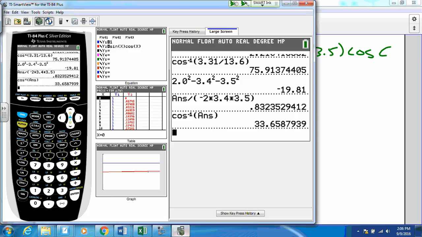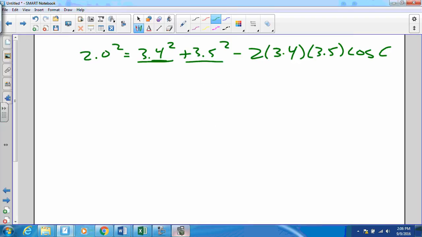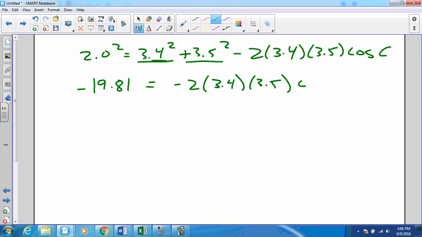Let me do that computation. That gives me negative 19.81 equals negative 2 times 3.4 times 3.5 cosine C. Then divide by negative 2, divide by 3.4 and divide by 3.5.